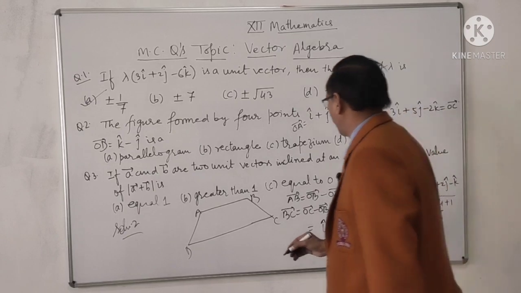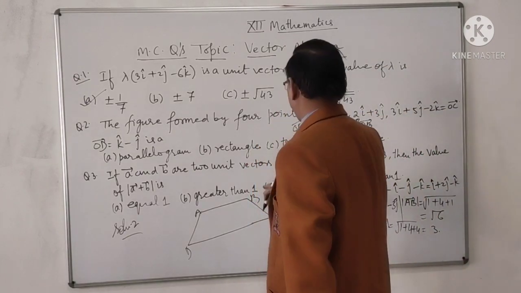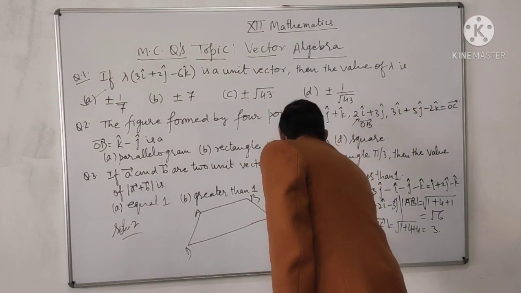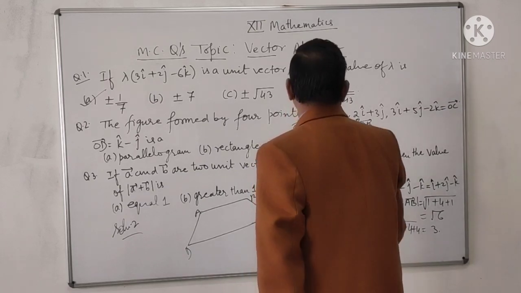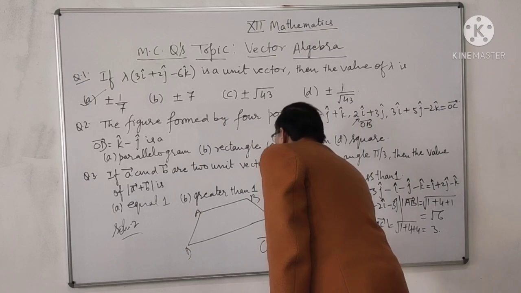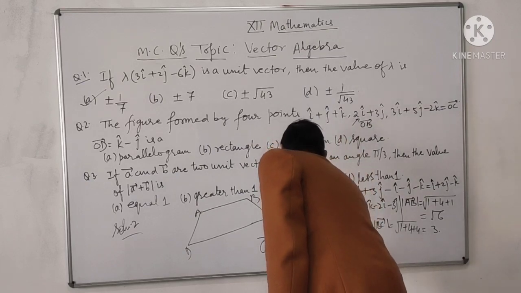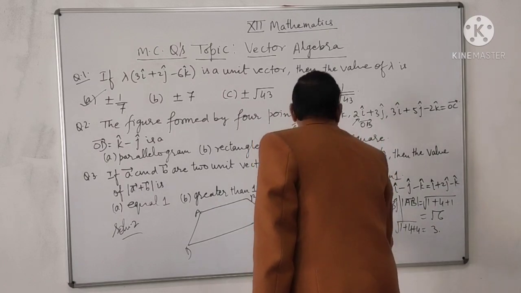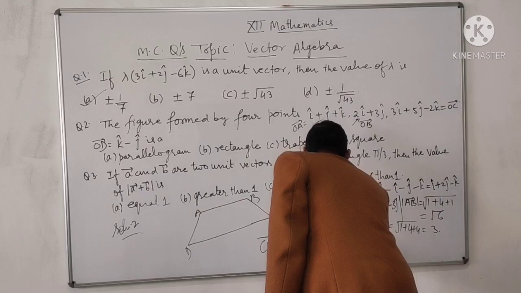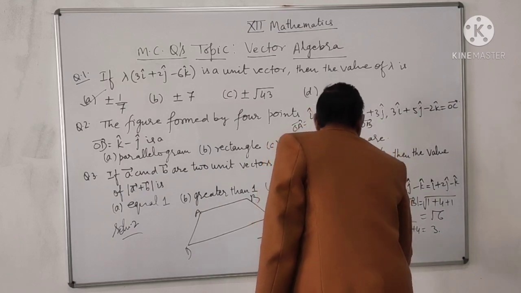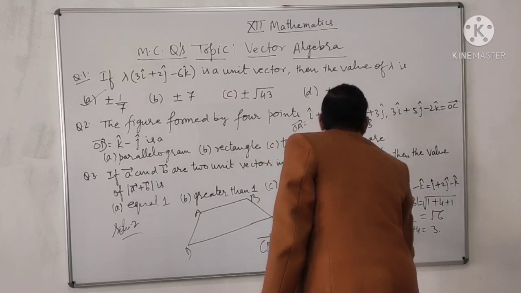Then let's find the CD vector. So it is OD minus OC. So it is K vector minus J vector minus C vector. It is 3i minus 5j minus 2k.